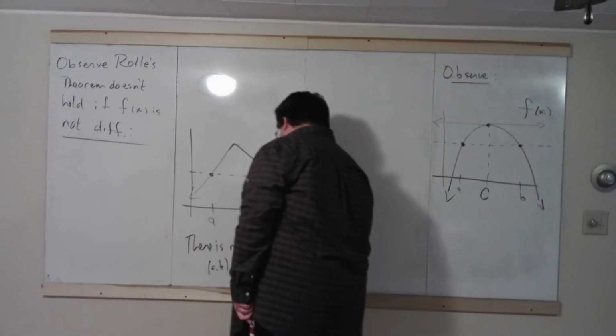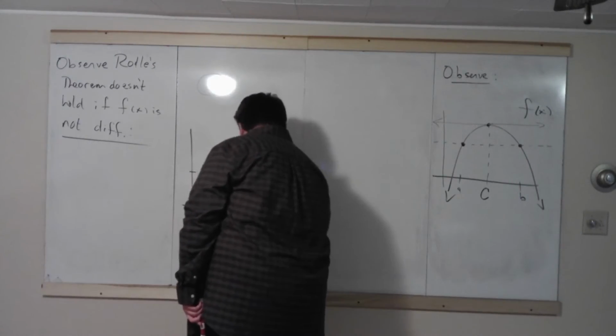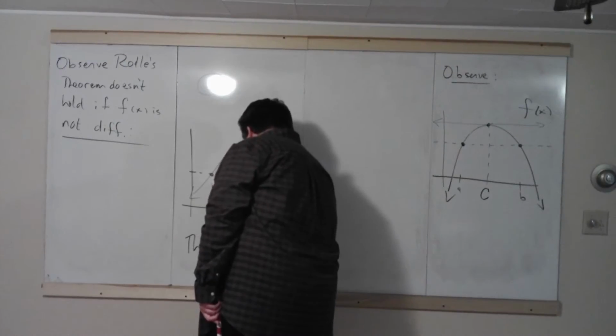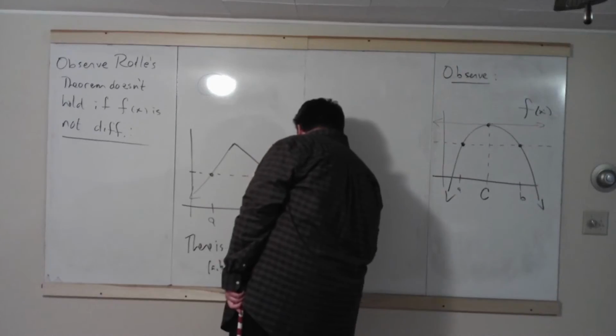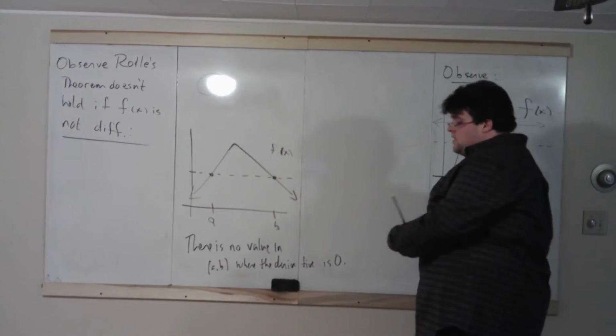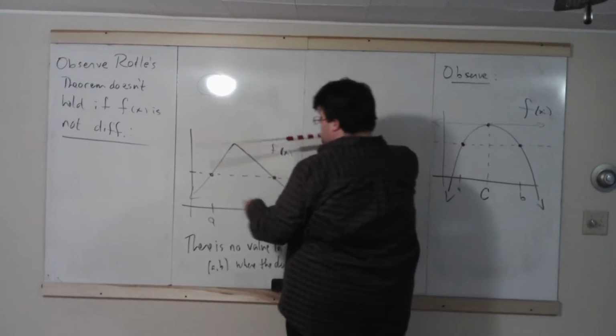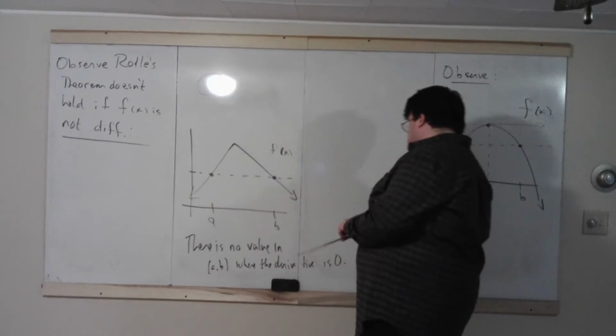I don't want to introduce another letter for this. I'll just say where the derivative is 0. Alternatively said, there's no horizontal tangent line. The derivative doesn't exist at that top, and for the rest of it, there's no horizontal tangent line.